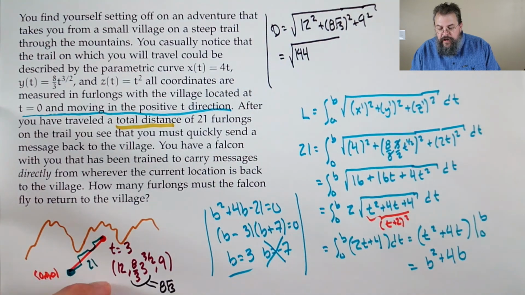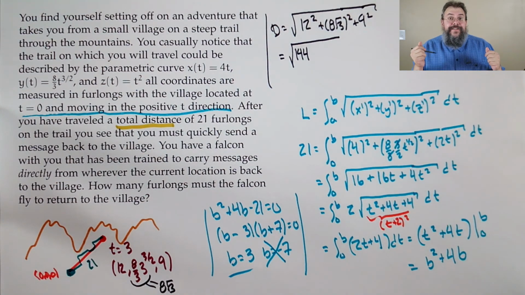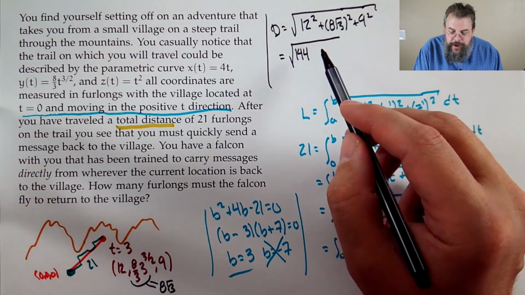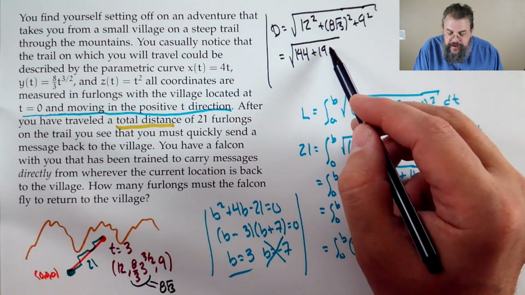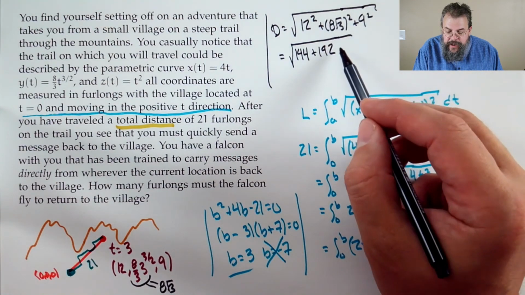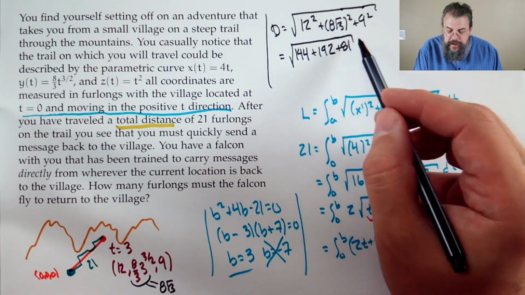144. All right, 8 root 3 squared. Well, that's 64 times 3. Because 8 squared is 64, square root of 3 squared is 3. 64 times 3 is 192. 9 squared, 81.